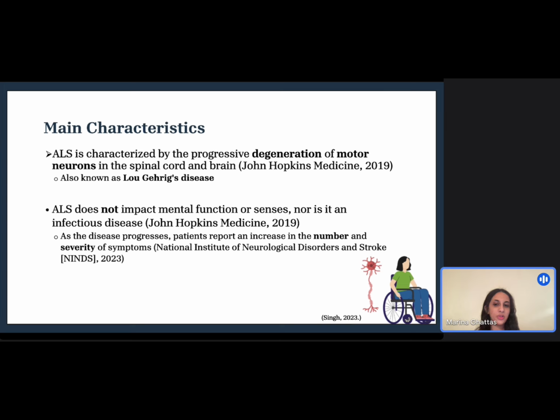It is important to know that ALS does not impact a person's mental function, their senses such as their hearing, nor is it an infectious disease, so it cannot be spread from person to person through contact. And as ALS progresses, patients report an increase in the number and the severity of their symptoms, which will be discussed in the next slide.